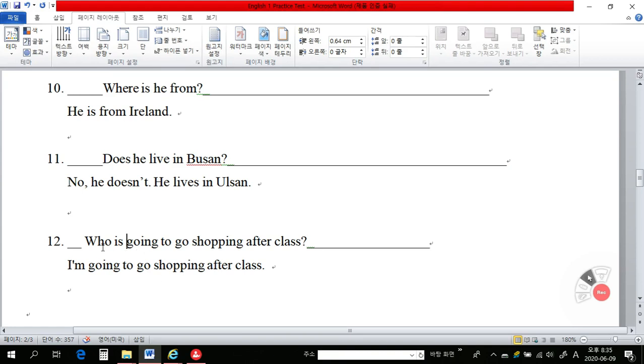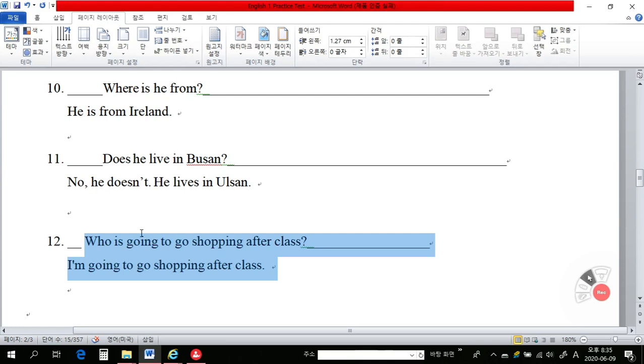I don't think native speakers talk like this. As you learn the language, you'll find the answers and questions are often shorter and less formal. So again, for number 12, there's more than one answer, and you can write what you want.